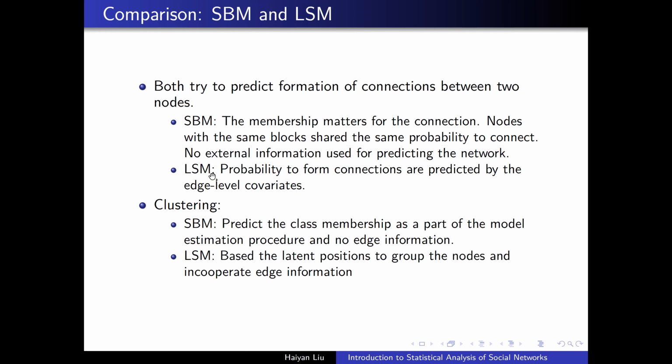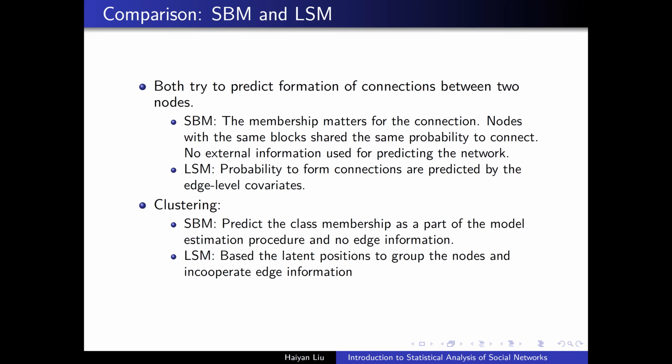Now, both models can be used to do clustering. The stochastic block model predicts the class membership directly as part of the model estimation procedure. Therefore, for each node, we will output a membership.